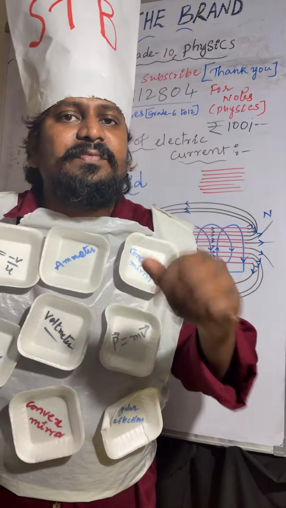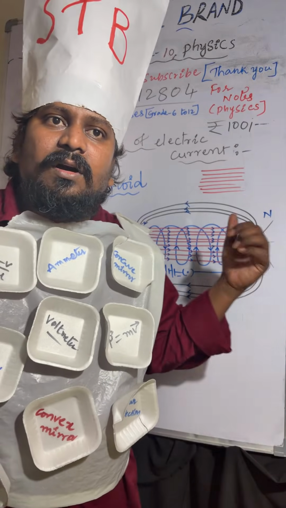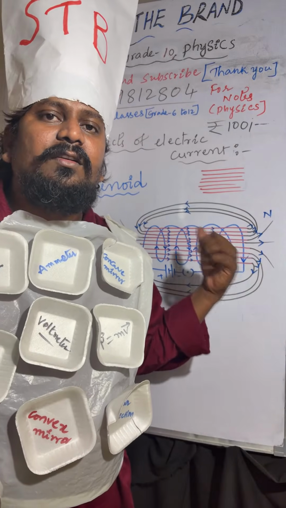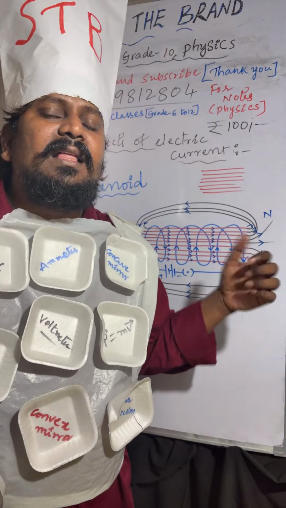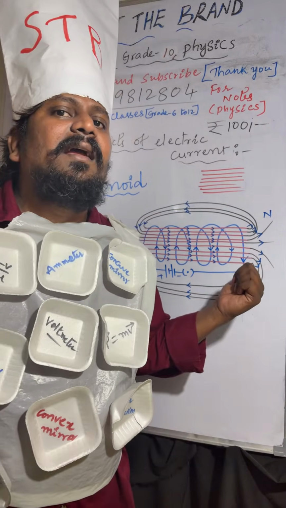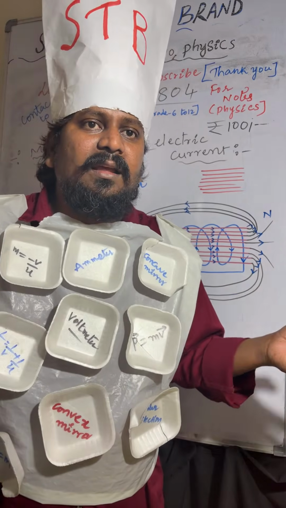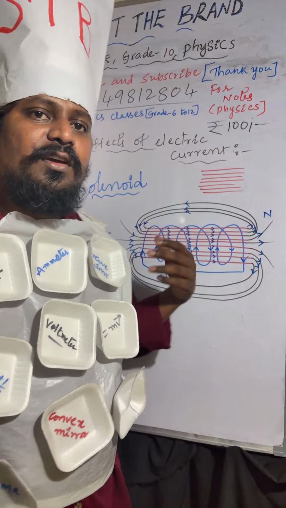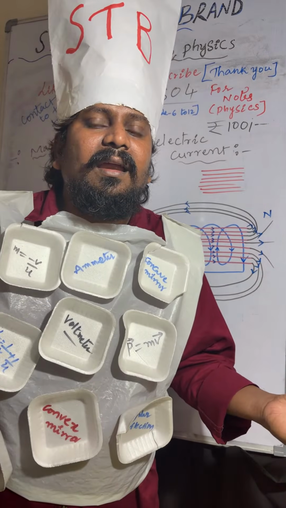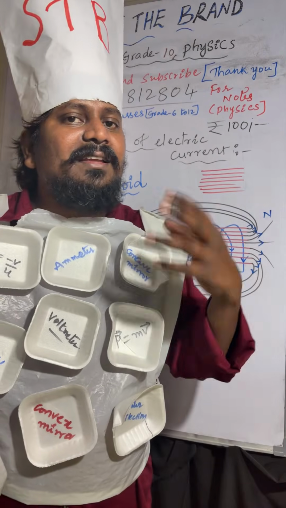But here the difference is, this is an electromagnet. Whenever you send the current, only during that time it acts as a magnet. If you remove the current, if you remove the battery, automatically it does not act as a magnet. But the bar magnet is a natural magnet.